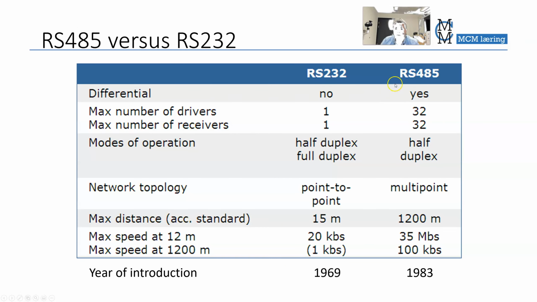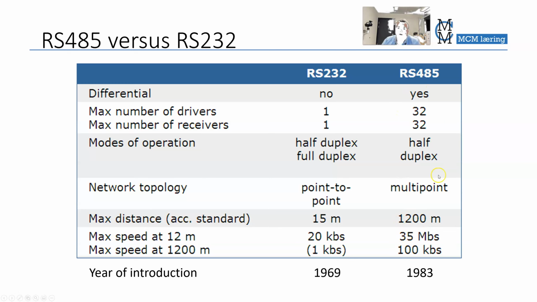So therefore, a new standard appeared, which is called RS485. RS485 has the one large benefit that you may have up to 32 devices in the network, and also the distance goes up to 1200 meters, and of course the communication rate is much faster.